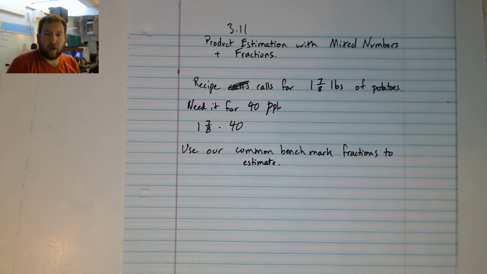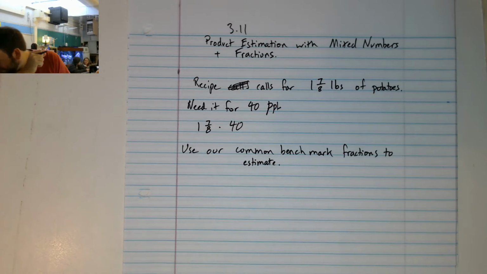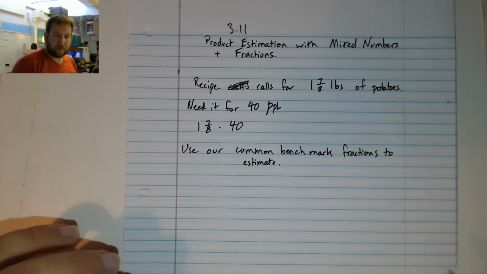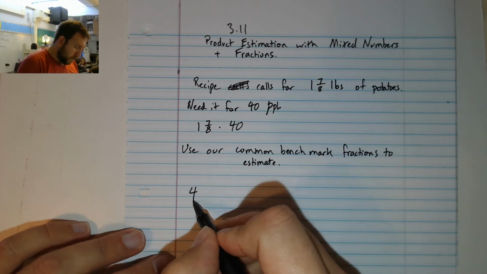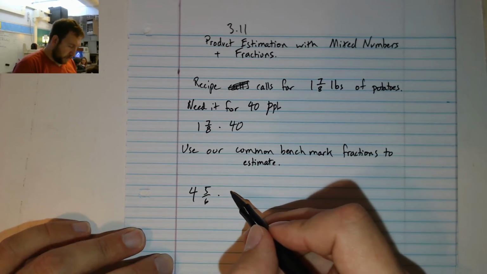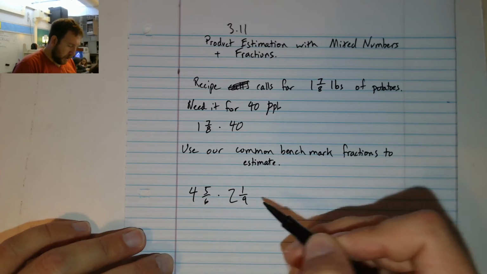So let's take a simpler example before we go back and return to that previous problem. For example, say I'm going to estimate the product of these two things: 4 5/6 times 2 1/9.